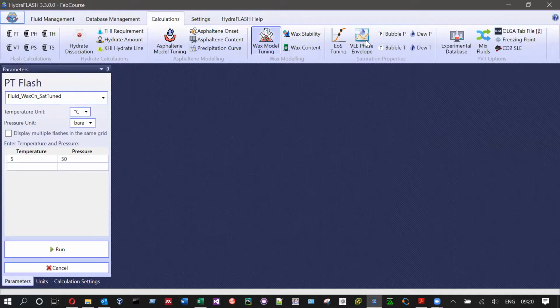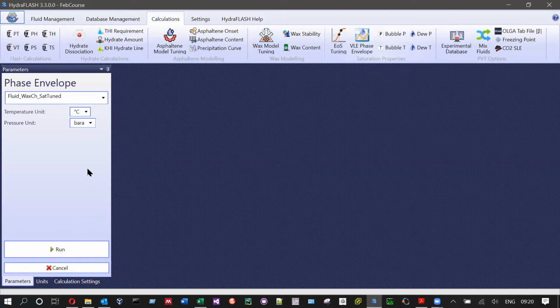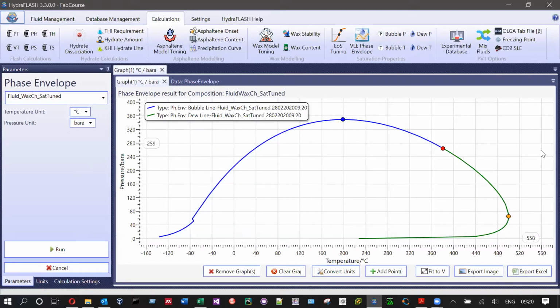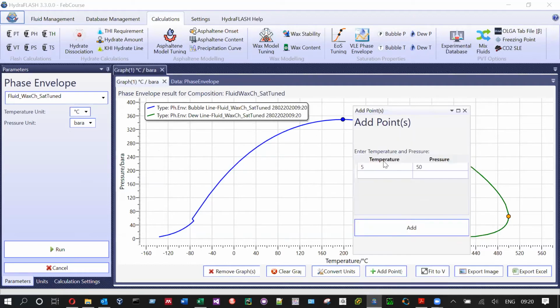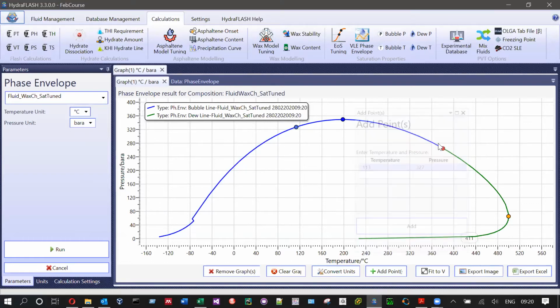And then I can calculate the phase envelope. So as you can see, let me enter the saturation properties here. So 3.7. Okay, so this is the graph, and we have this option in HydroFlash.